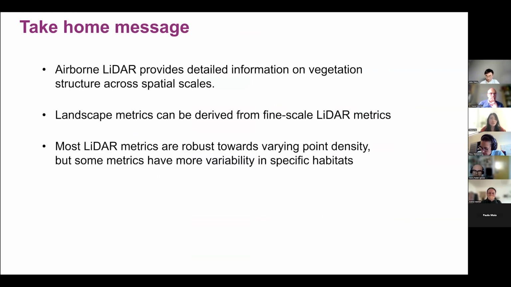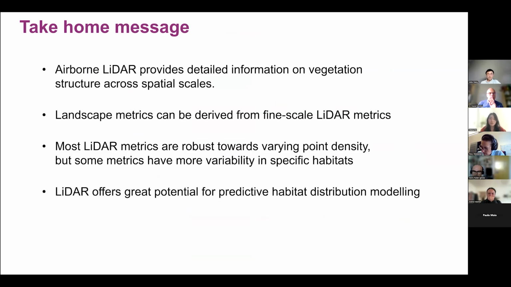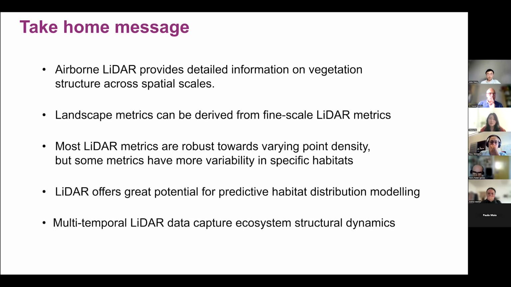And most LiDAR metrics are robust towards varying point density, but some metrics have more variability in specific habitats. And LiDAR offers great potential for predictive habitat distribution modeling. And last but not least, multi-temporal LiDAR data capture ecosystem structure dynamics that we can use for long-term ecosystem monitoring.